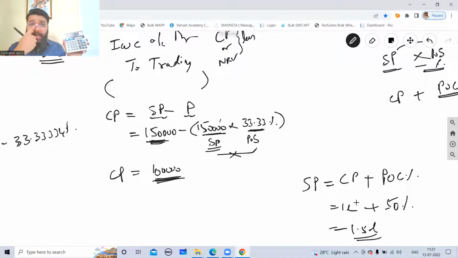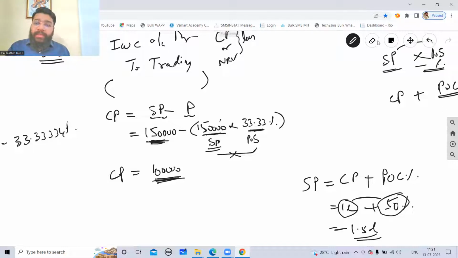For you to plus and minus, guys, please ensure that the base has to be the same. The relationship between both should be the same. Both should be selling, or both should be cost. Only then this plus and minus will work out, or else it will not work out. If this is clear, I'll go forward.